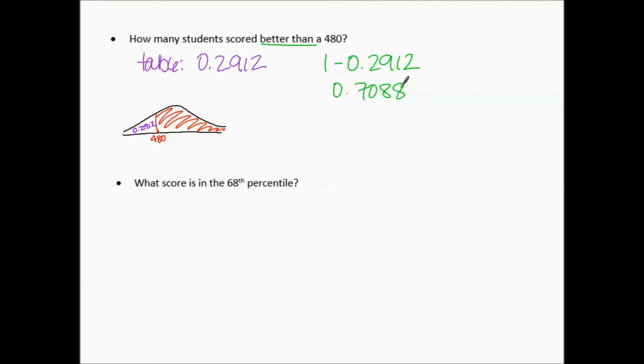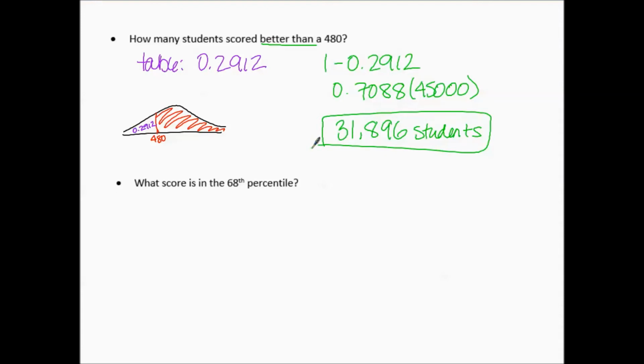But since we want to know how many students, not the percentage of students, we need to take this number and multiply by the 45,000 students who took the test. And that gives us 31,896 students. So that many students scored above a 480 on this section of the SAT.